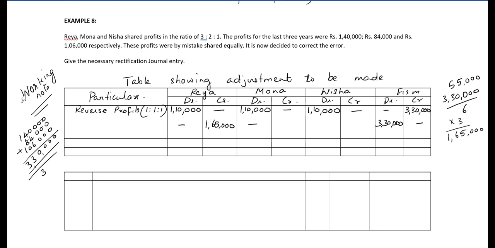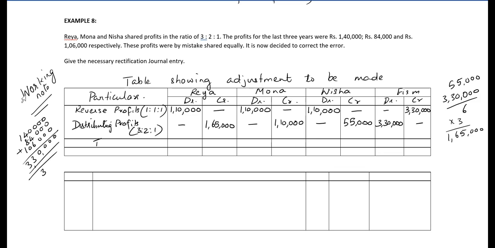I'll credit Mona with 55,000 into 2, which is 1,10,000. And I'll credit Nisha with 55,000. And since I've credited the partner, I will write here distributing profits. And the ratio in which we distributed was the correct ratio of 3:2:1.